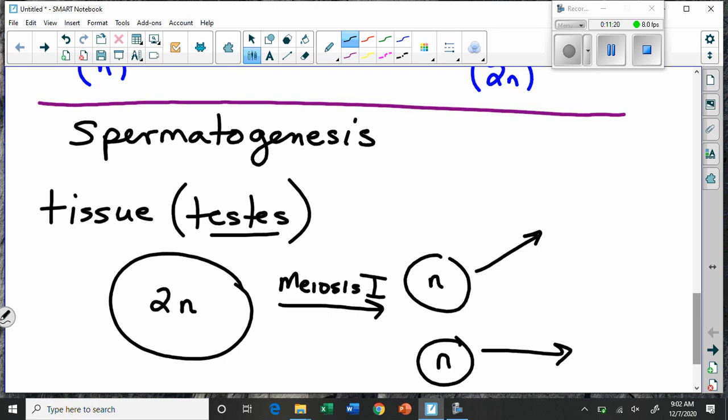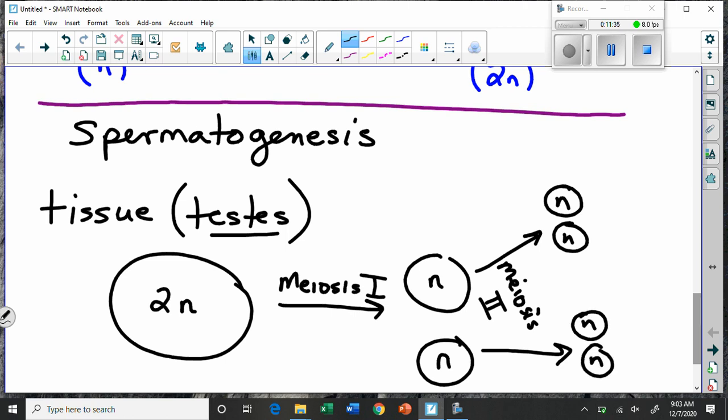So let's just write in between here, meiosis 2. And each of these is divided. So you get 4 sperm cells from this one cell that divides. 4 mature sperm cells.